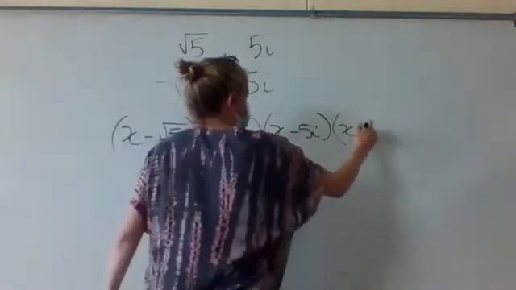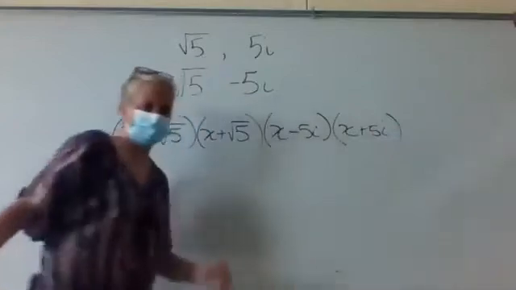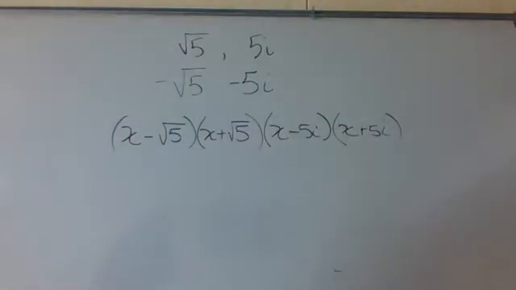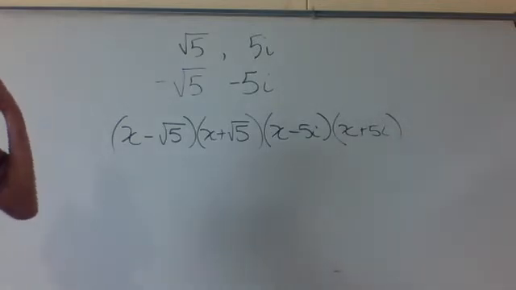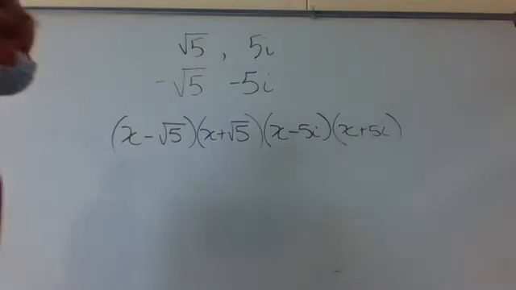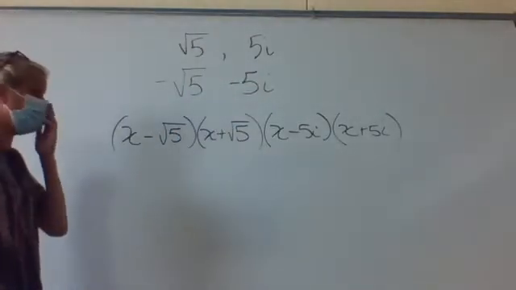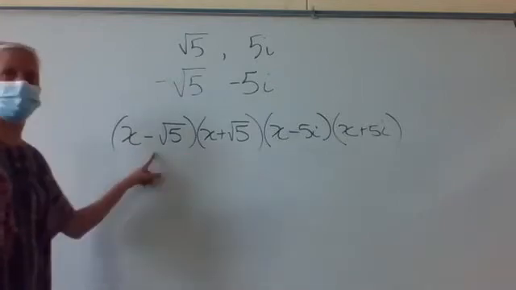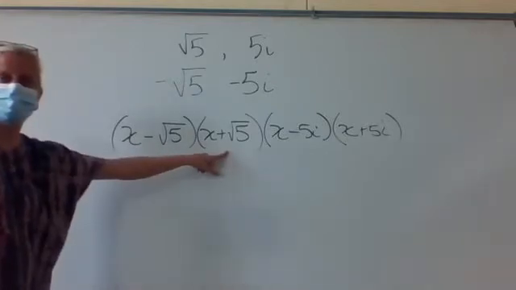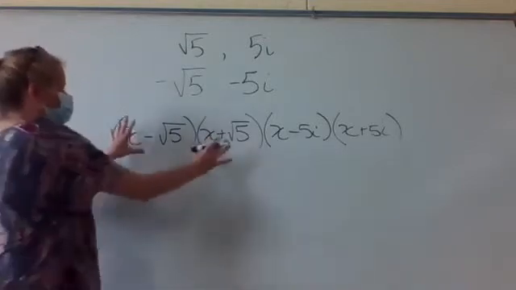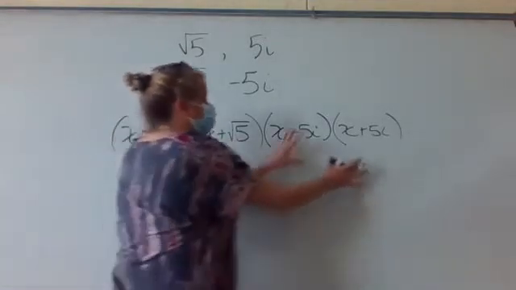Then this one came from x plus 5i. So look in here. When you are multiplying conjugate pairs together, what are you going to do? You're going to FOIL this together, and then I'm going to FOIL this together.